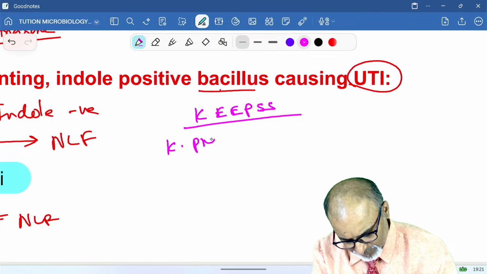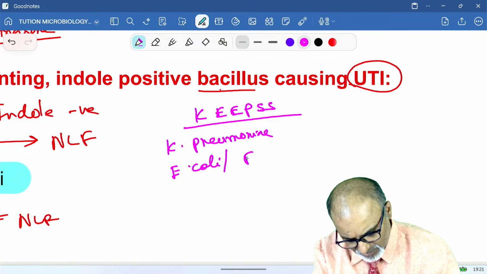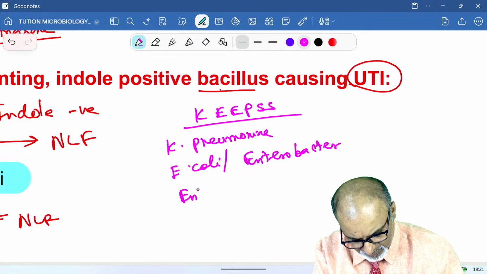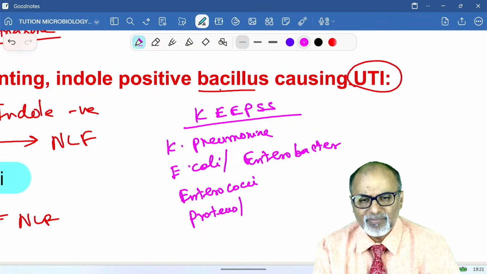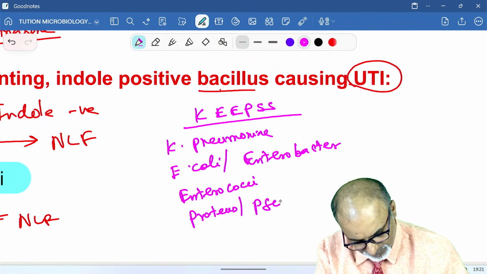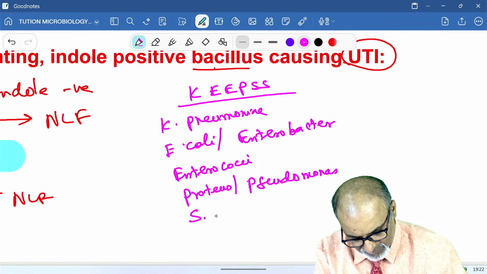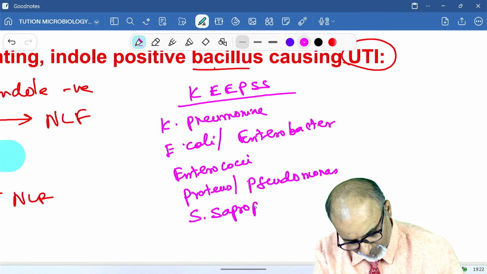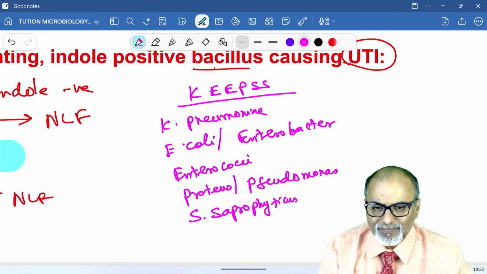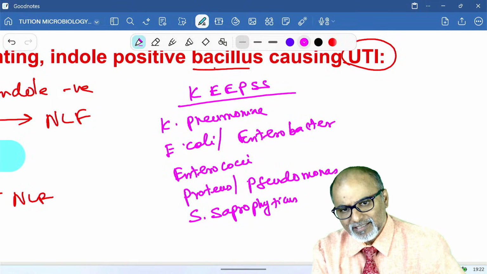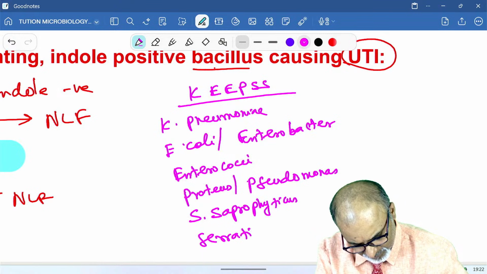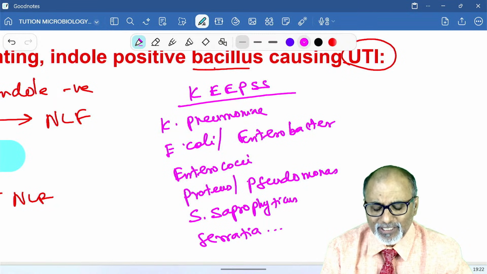Klebsiella pneumoniae, E. coli, Enterobacter, Enterococci, Proteus, Pseudomonas, Staphylococcus, Serratia. These are common agents causing UTI.